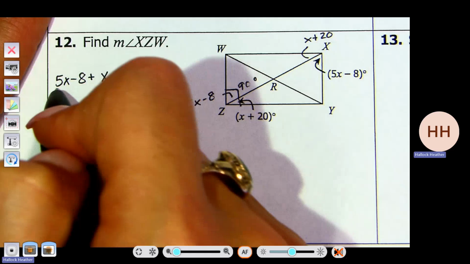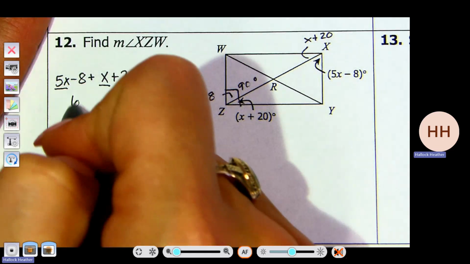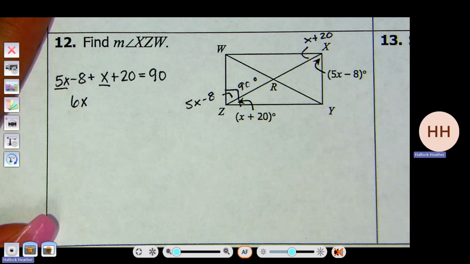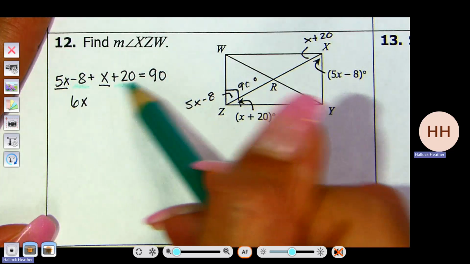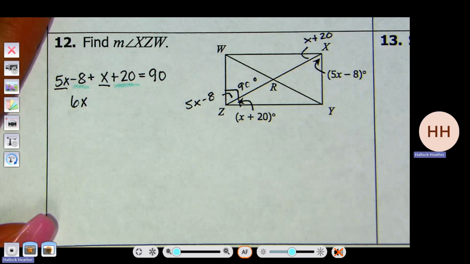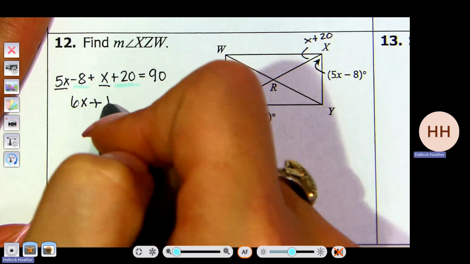So if I combine x's, 5x plus 1x is 6x. If I combine -8 and 20, how much does that make? Not 28, no. 12.